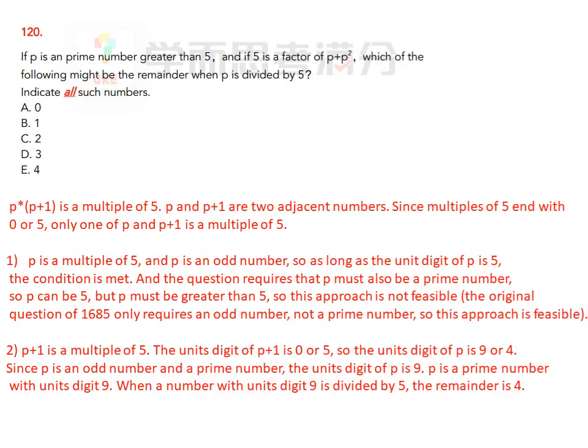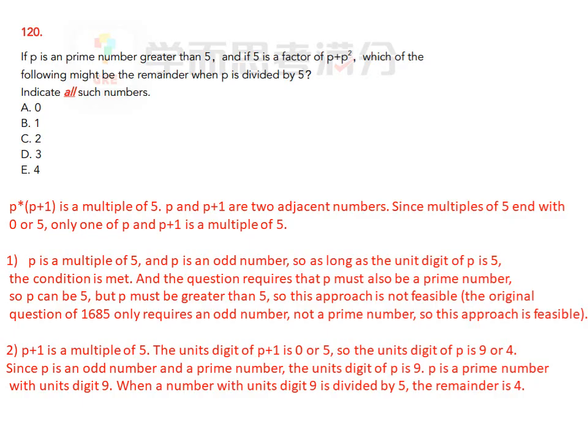Because only one even number, that is 2, is a prime number. Otherwise, all prime numbers are odd, right? So p is a multiple of 5 and p is an odd number. So as long as the unit digit of p is 5, the condition is met. Now notice that p must be greater than 5. So we can't consider p as a multiple of 5, right? That's not feasible. p can't be 5.